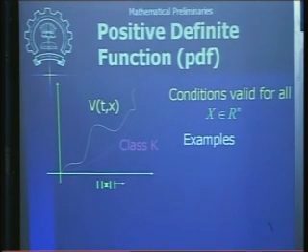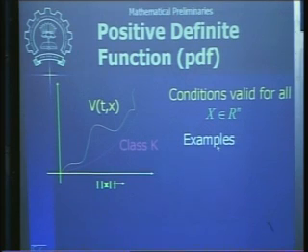So in our same picture, we can see that v will never come below this class k function. It will always be above that function, since the condition is valid for all x belonging to Rn space.